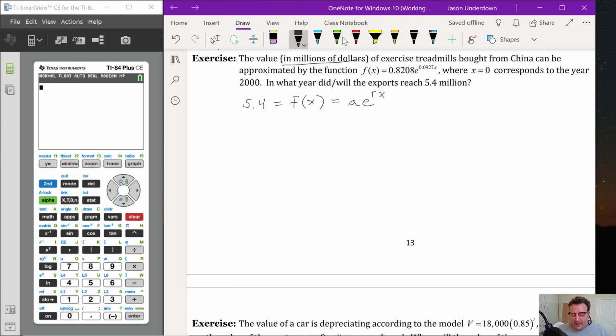Okay, what we're going to do is just remember that a and r are constants. E is also a constant, and we want to solve for x. So let me write down what I mean. Of course, a is equal to 0.8208. I don't want to forget what these values are for. And r is equal to this 0.0927.